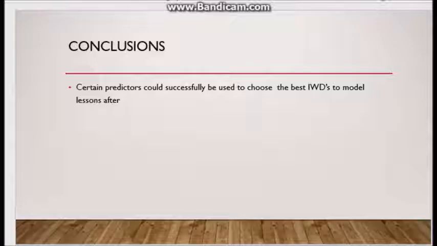And so the conclusion was that there are certain predictors that could successfully be used to choose the best way to teach students based on the individual weight differences. In particular, the predictors dealing with previous knowledge showed some of the strongest correlation with tailoring curriculum after.